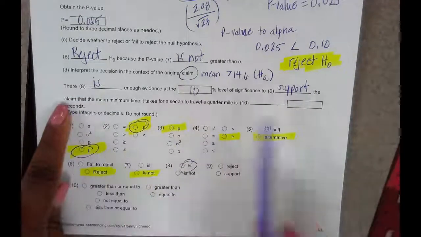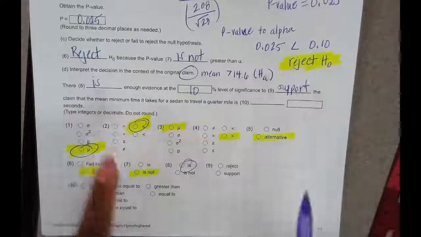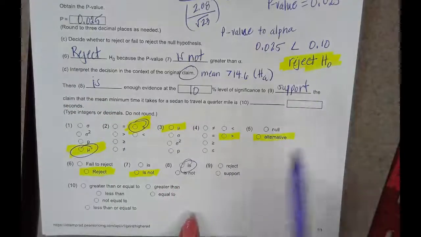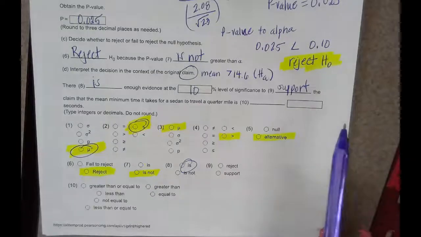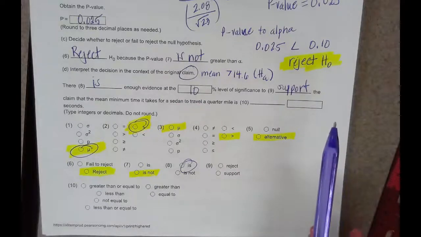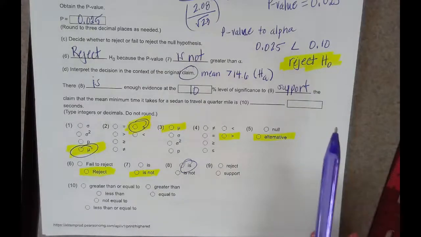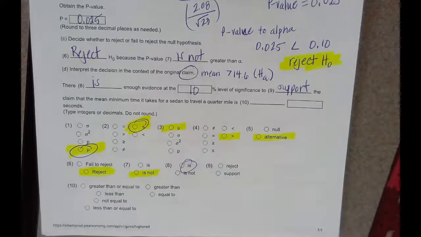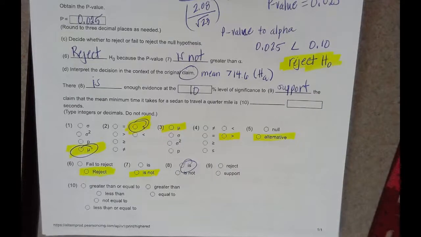I know that I can support this claim because the claim is in the alternative and we're rejecting the null. So if I reject the null, that means I am failing to reject the alternative. I'm doing the opposite. If I fail to reject the alternative where the claim happens to be, that means I have what I need to support my claim.